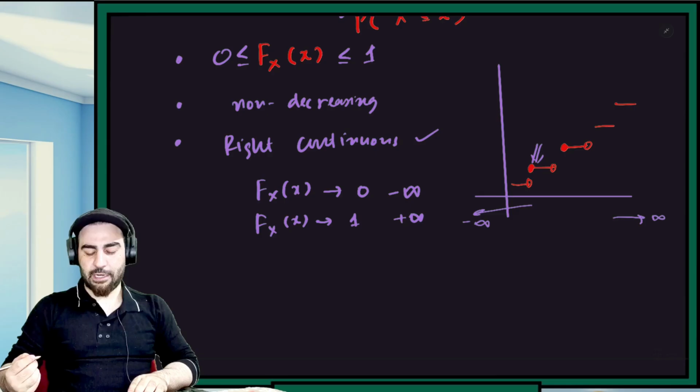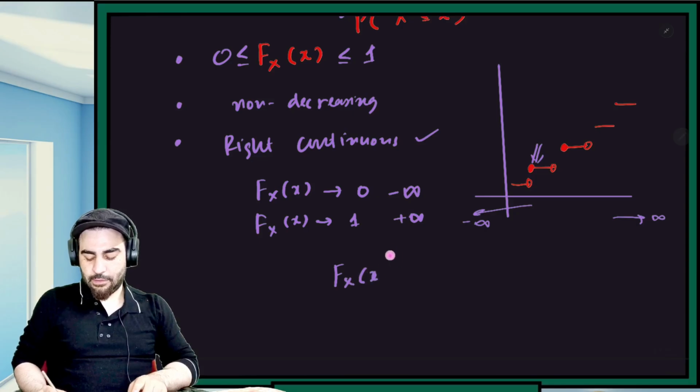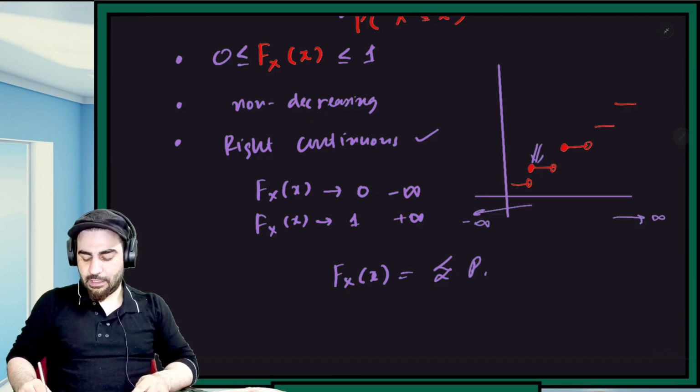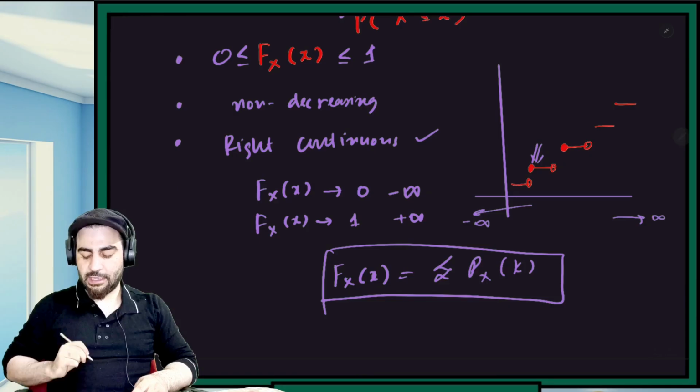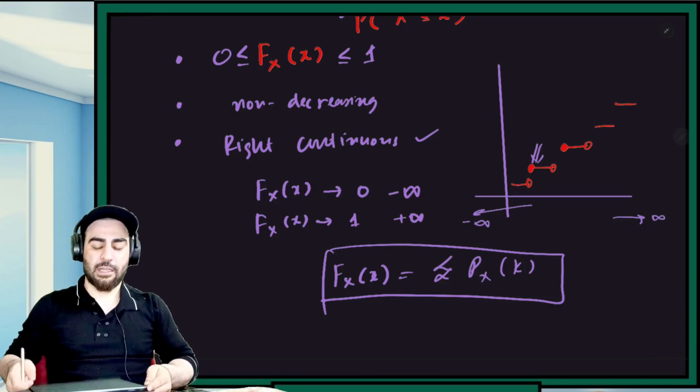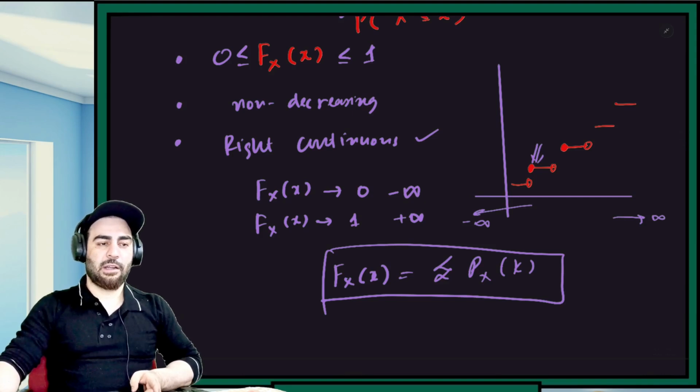We know the relation between CDF and PMF: f of x is equal to the sum of the PMF, where a goes from 1 to something. I think intuitively you understand this. This is just a recap of what we saw previously, so as to get on the same page.